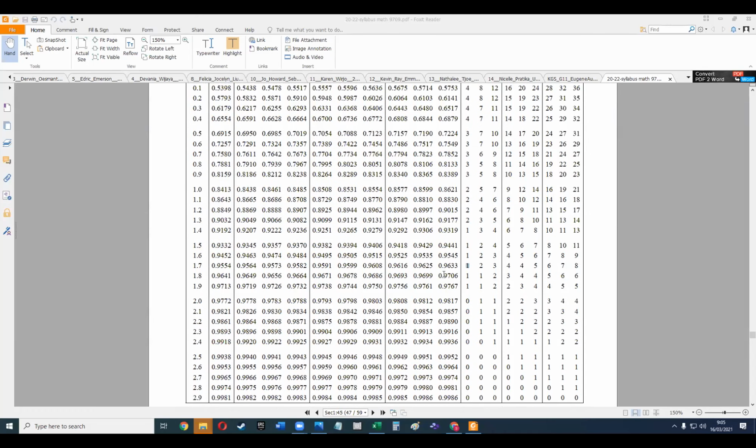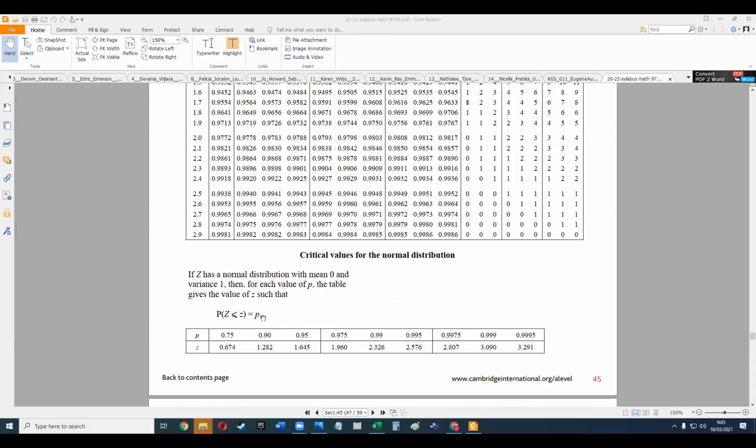Instead of reading this, we can see at the bottom some critical values, important values. For some areas here, the value of z is standardized. We can use this for quick reference. So 0.75 is among the special numbers. We can write z directly here, 0.674. You can do the calculations yourself normally, but for special values, it's easier to just look at the bottom table here.